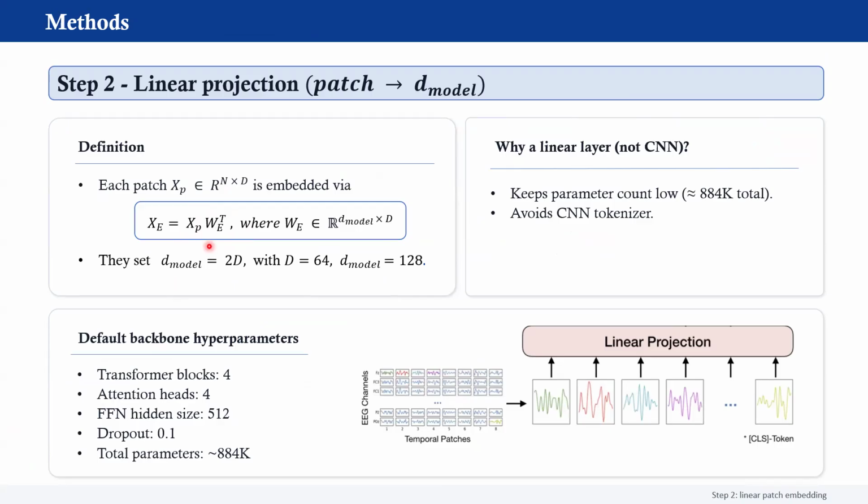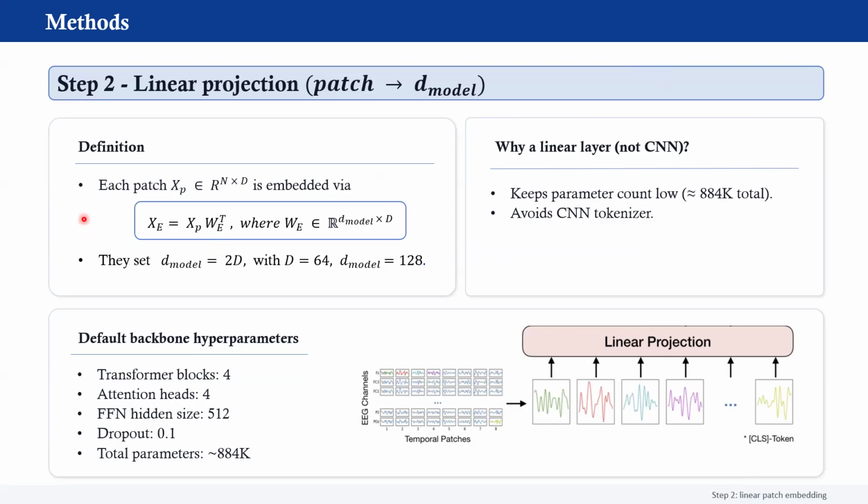I think what's happening is that your XP is n cross D, so you have n patches of length D. WE is D model cross D. So if you take the transpose of WE, it becomes D cross D model. So the two D dimensions will get multiplied, and that multiplication is basically a dot product, right?